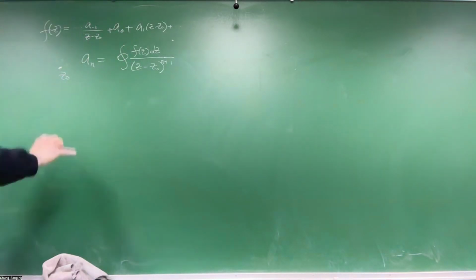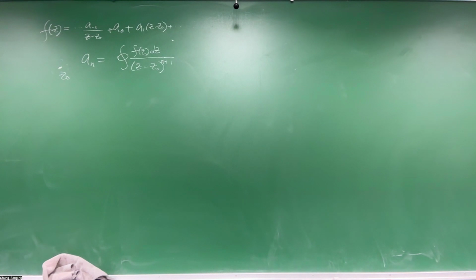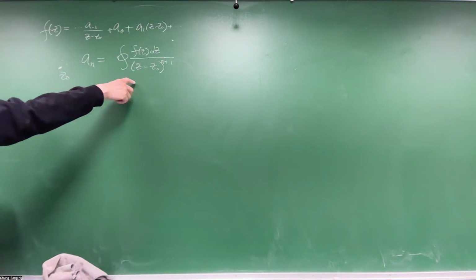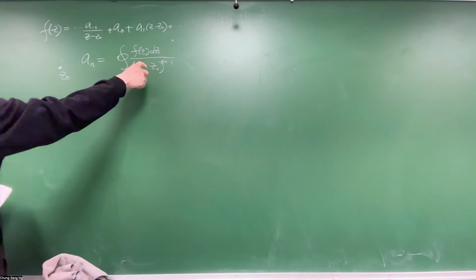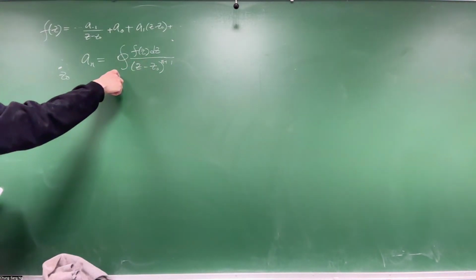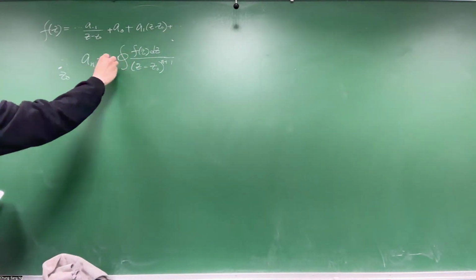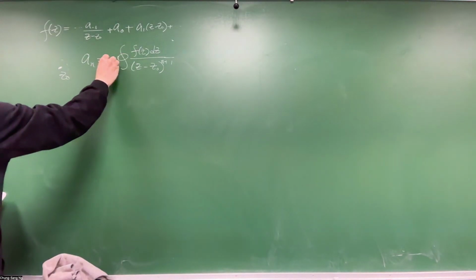If you don't have negative powers, then that's just the Cauchy integral formula, divided by 2 pi i, right?